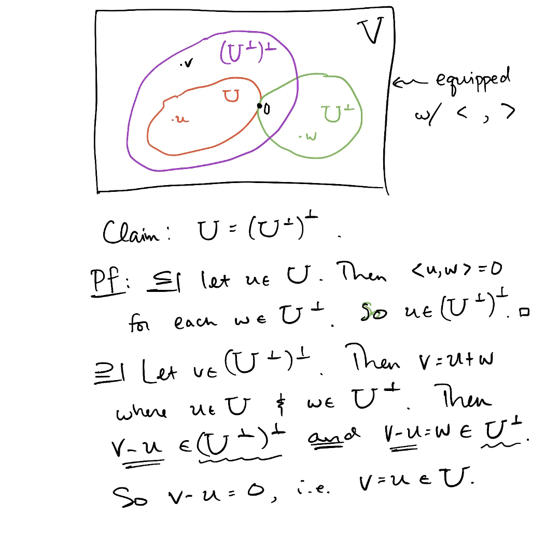In big U. So we started with an object in here, and we argued that it lived in here. So U perp perp is indeed a subspace of U. That's the reverse containment. That's containment both ways.